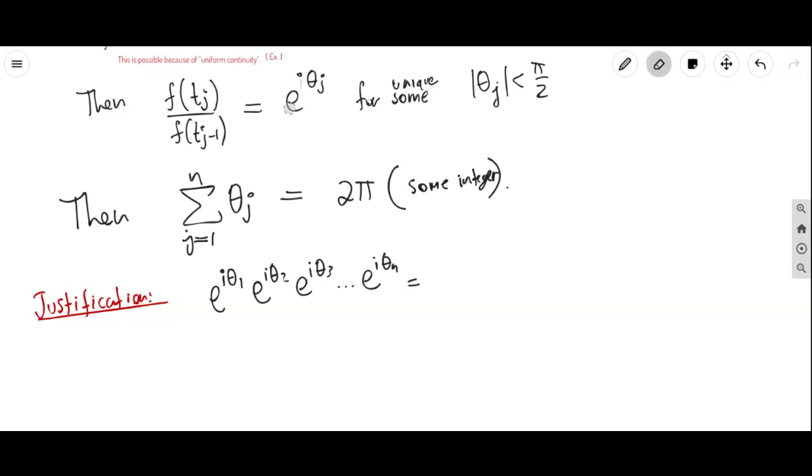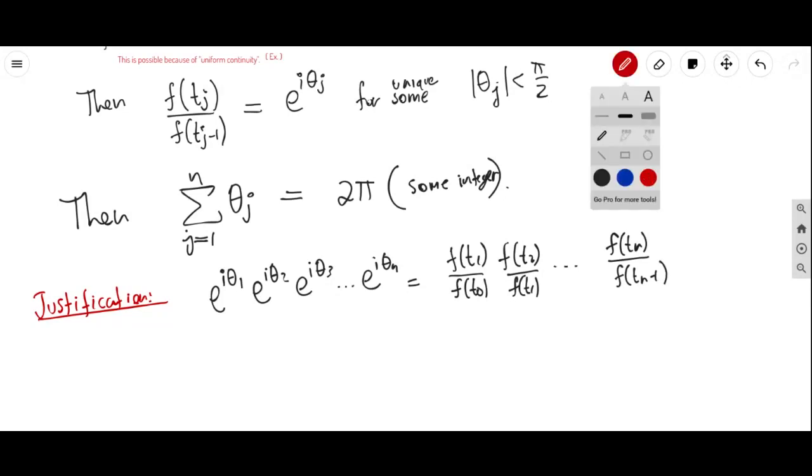Each of these complex exponentials is given by these ratios. So this is f of t1 divided by f of t0, this is f of t2 divided by f of t1, all the way up to f of tn divided by f of tn minus 1. Now, on the right side, this is a telescoping product. This cancels with this cancels with this cancels with that. And in the end, you're just left with 1.